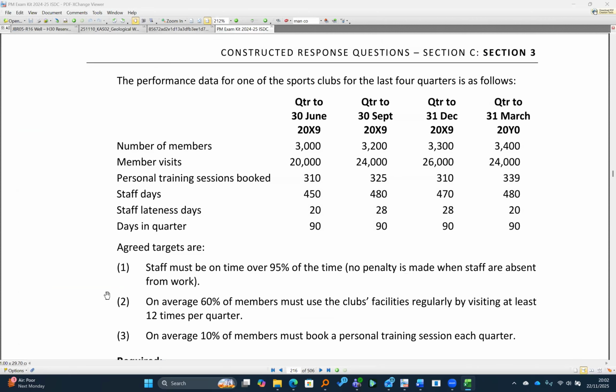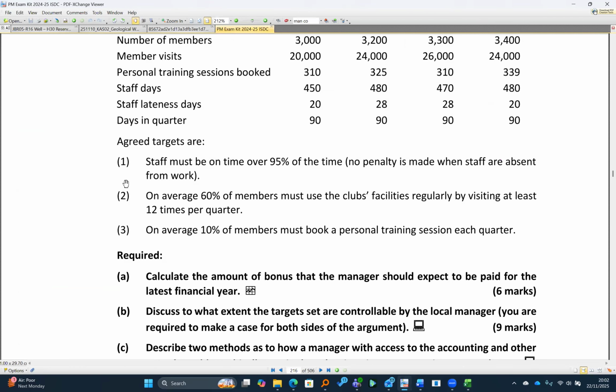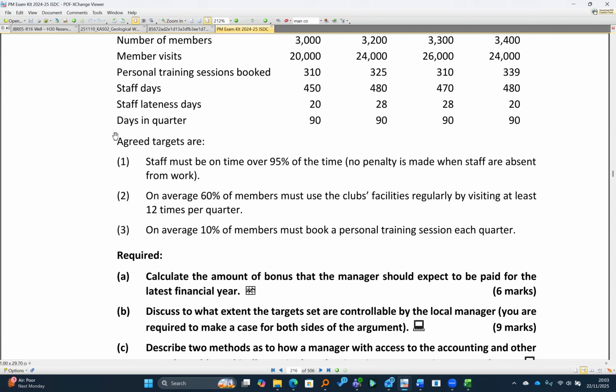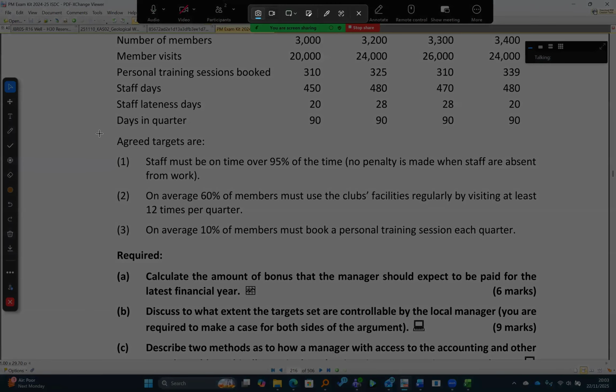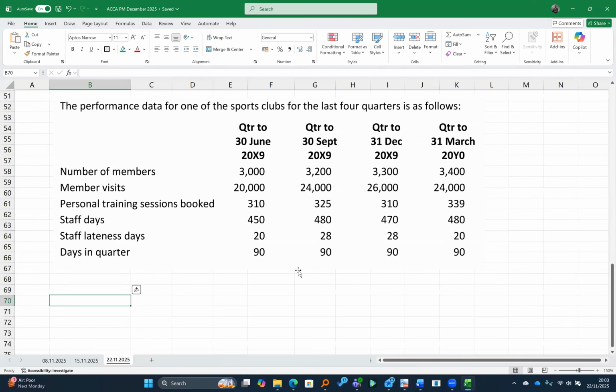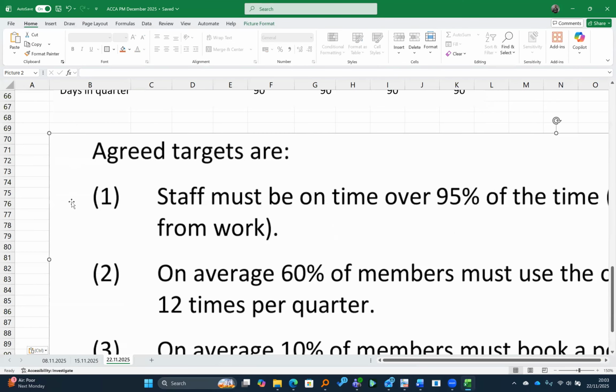Remember the three metrics we have to deal with. Staff, let me also take them just so that we have them in the same place. Okay, so we have our metrics.